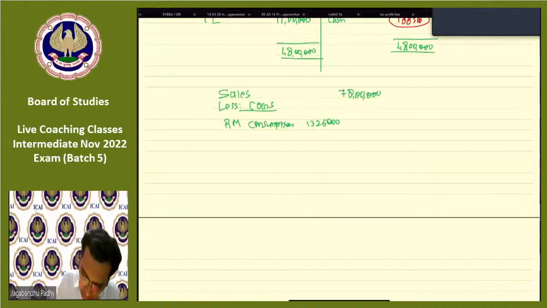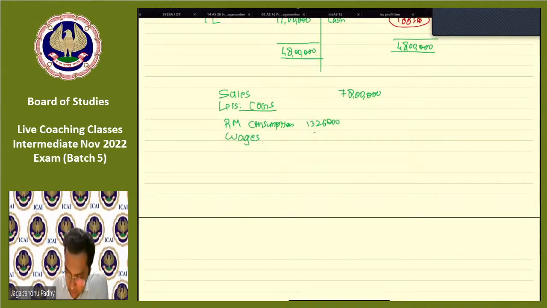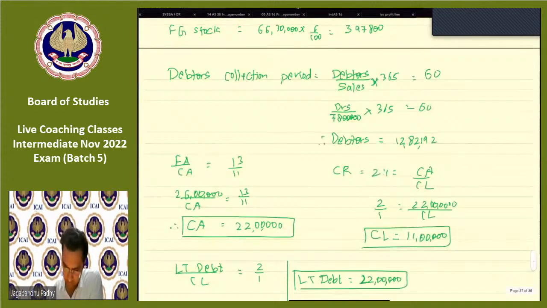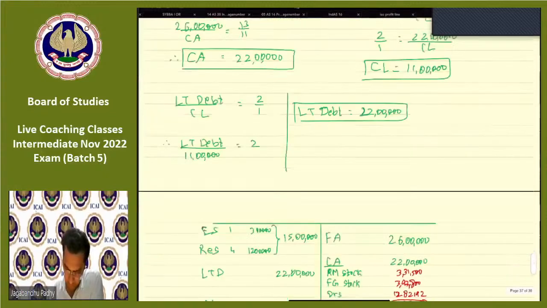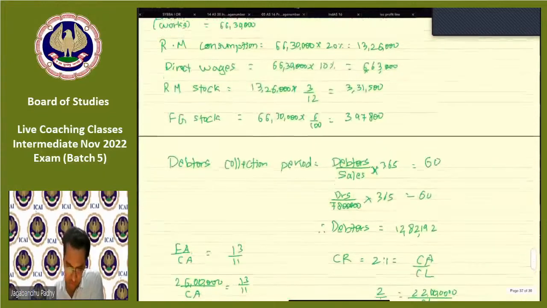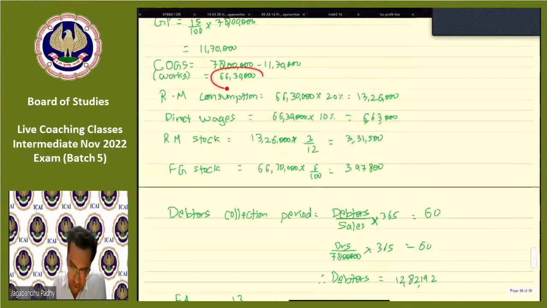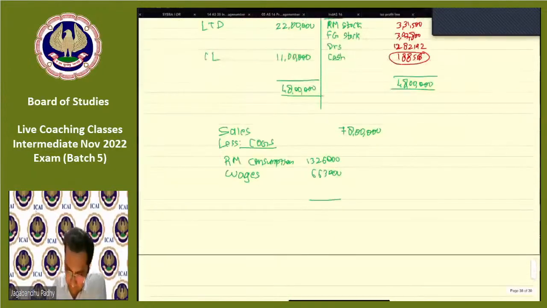Then wages. Wages also we have computed, 6,63,000. And we know that our COGS, that totals up to cost of goods sold, totals up to works cost 66,30,000.